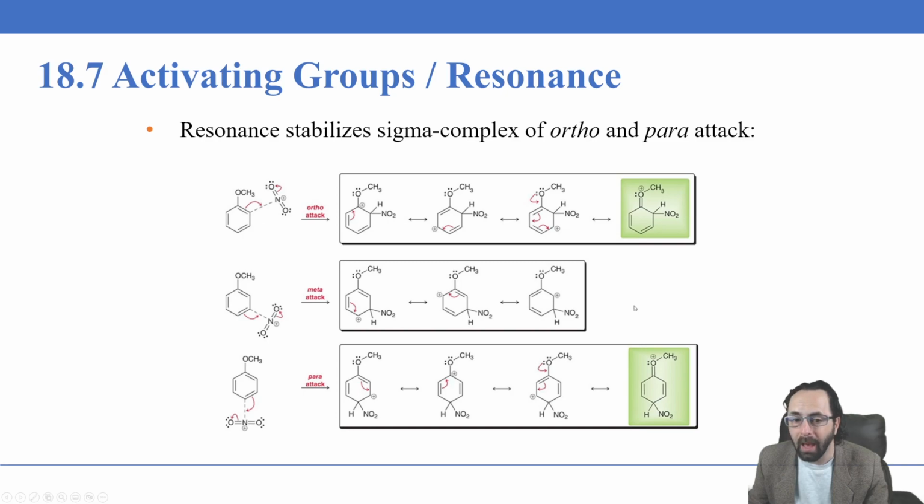So we have ortho and para direction here for this reaction for the same reasons that we had it for the methyl group as a substituent. If we have an ortho attack here, again, the nitrogen being the nucleophile, we get the positive formal charge, and this is at a tertiary position.